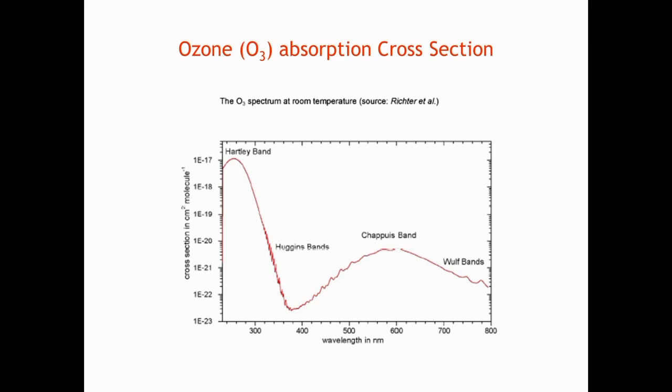Now, if you look at the example of ozone, you've got the Hartley bands, the Huggins bands, the Chappuis bands, and the Wulf bands of absorption. So where does ozone absorb most? In the Hartley bands. Strongest absorption is down at the Hartley bands. So where might it absorb most in the troposphere?